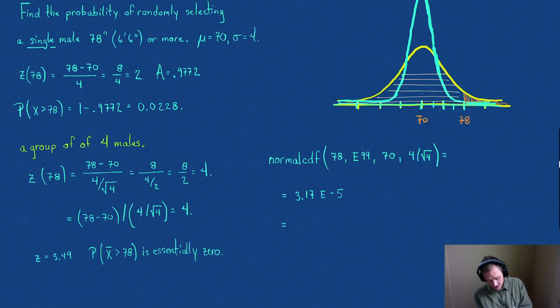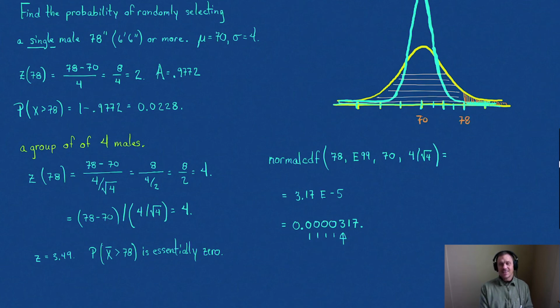So you're going to create 4 zeros. It's going to be 0.0000317. Notice this is tenths, hundredths, thousandths, ten-thousandths, hundred-thousandths. So about 3 out of every 100,000 people would be your odds of that happening.